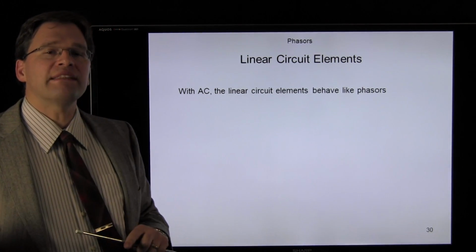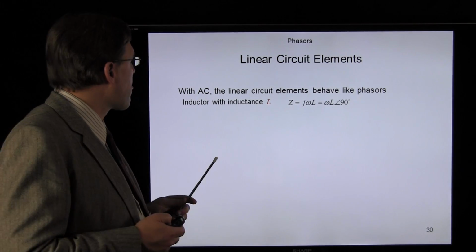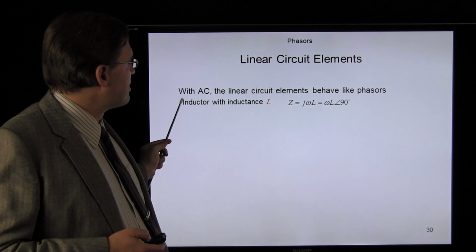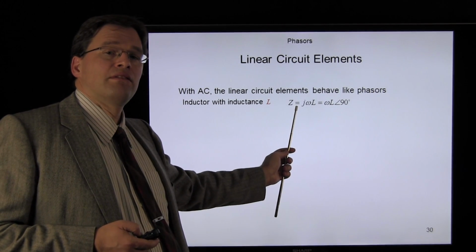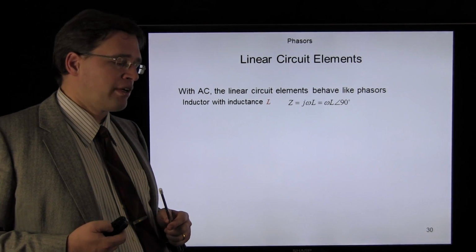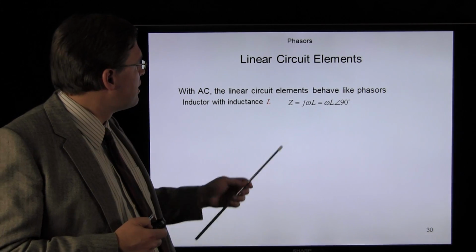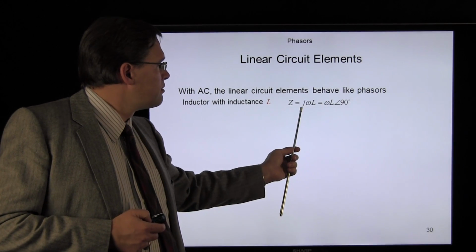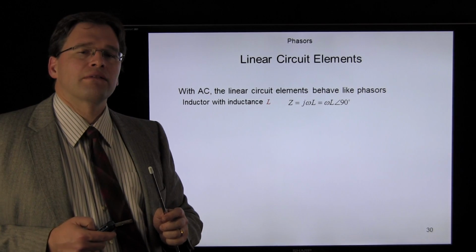Now, the impedance of each of the linear circuit elements actually does act like a phasor. So if we have an inductor with inductance L, its impedance to an alternating current is j omega L, or just omega L phase 90 degrees.